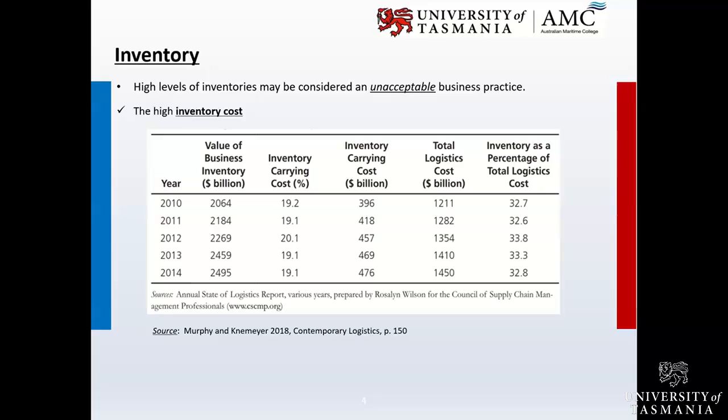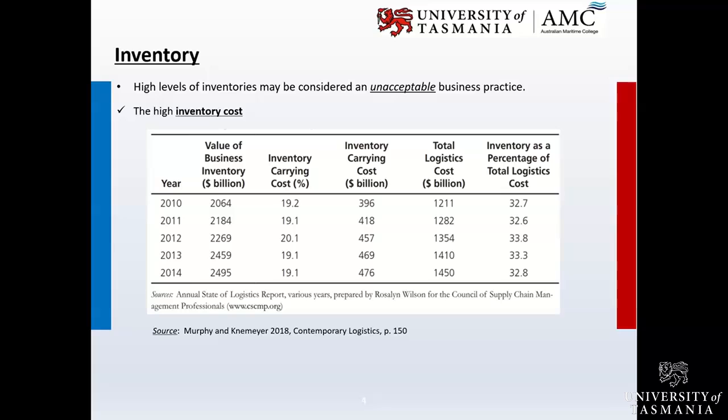So we consider the year 2010, so it means 32.7% equals 396 divided by 1,211. So you get the inventory as a percentage of total logistics cost.